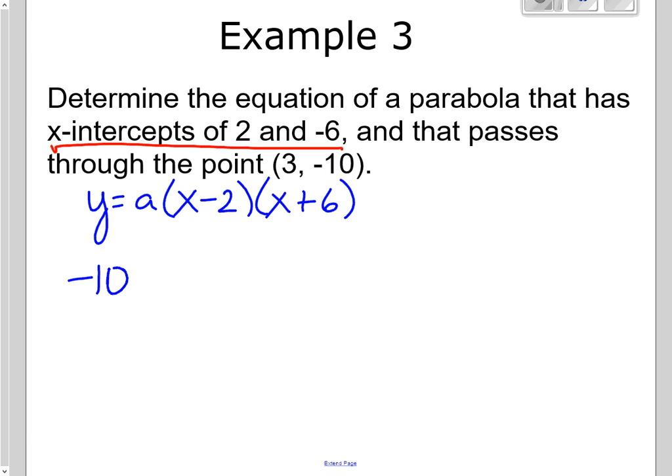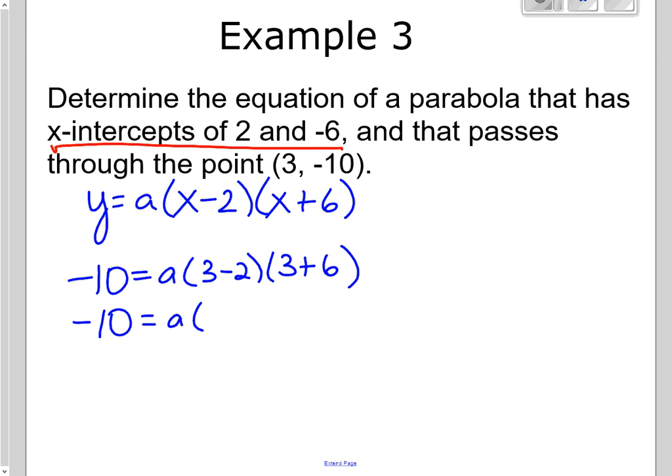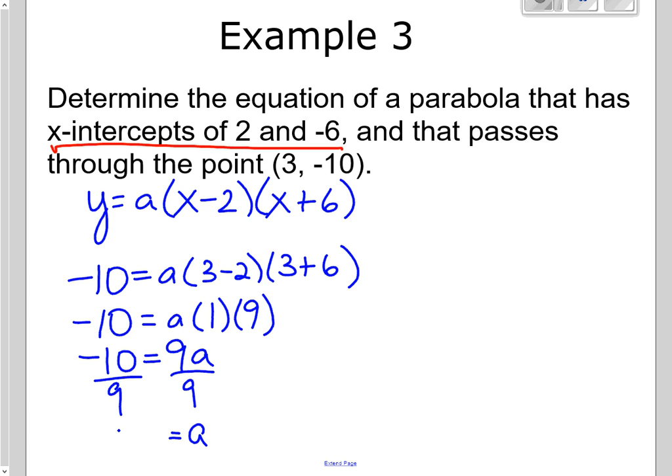So y equals negative 10, x equals 3. 3 minus 2 is 1. 3 plus 6 is 9. 1 times 9 is 9. Divide by 9, divide by 9. And so a equals negative 10 over 9, which is awesome.